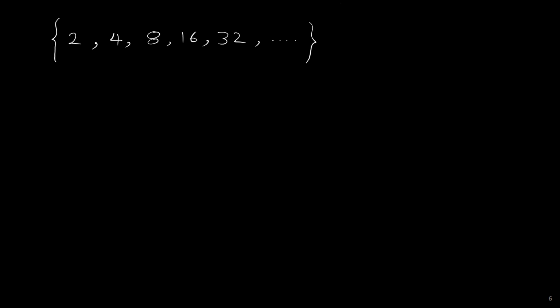This is a list of numbers, but the problem is that we are not given the general term or the nth term of this sequence. We want to know what is the formula that generates these numbers. We want to find what is the formula for a sub n.